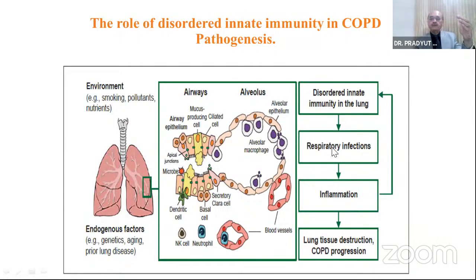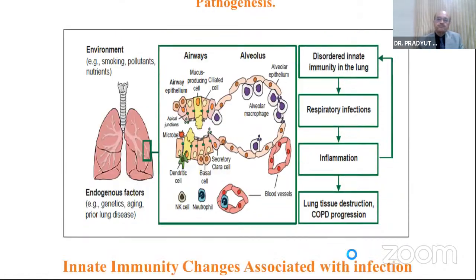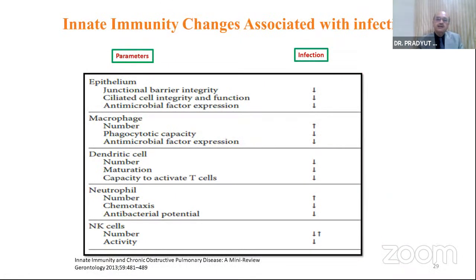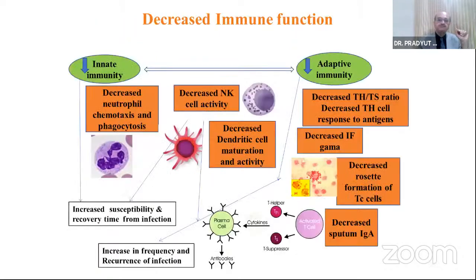The more immunity loss there is, the more infections, the more inflammation. So this circle continues, and this results in progressive lung destruction and progression of the COPD as well. So this is what exactly happens when there is innate immunity associated with infection. If you see both the COPD itself and the infection in COPD, both are affecting the innate immune system of the lung, thereby causing progressive lung damage in COPD patients.